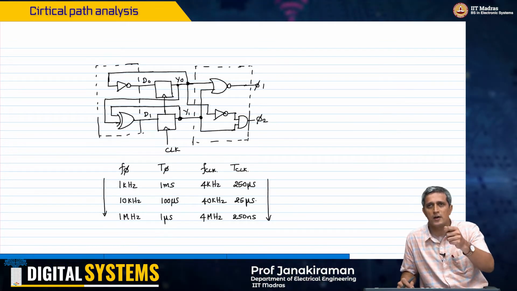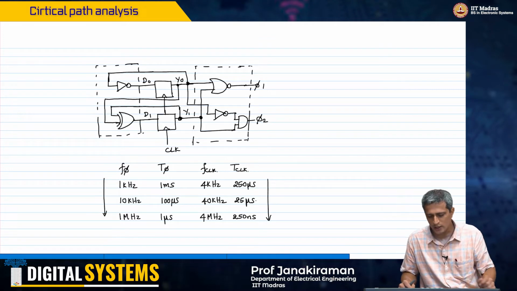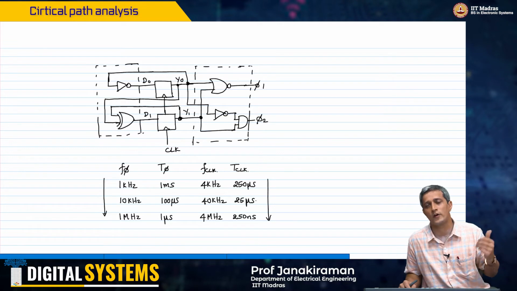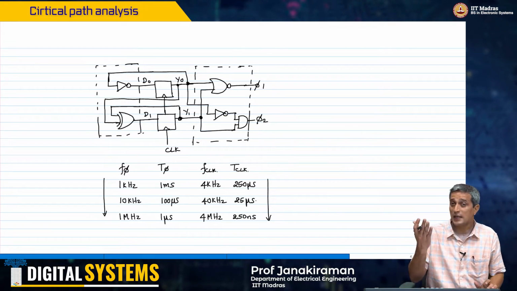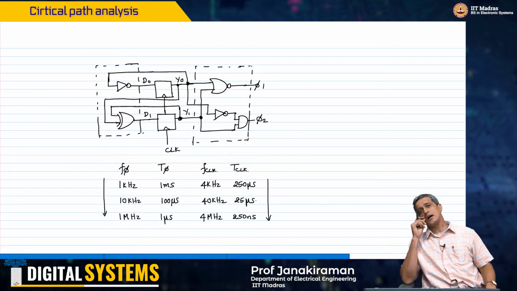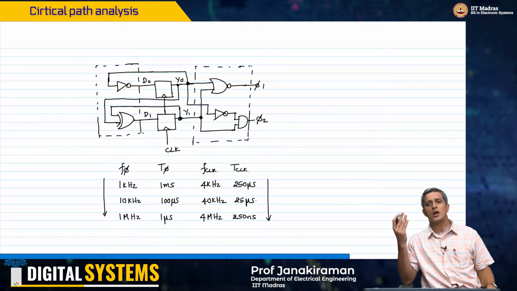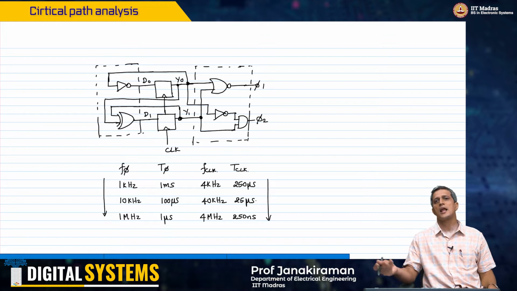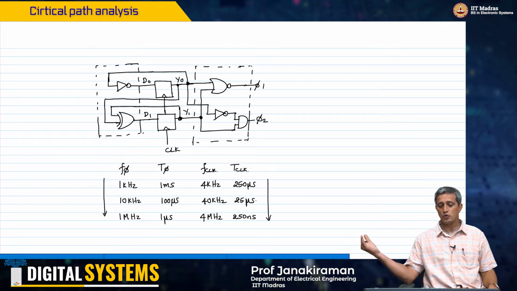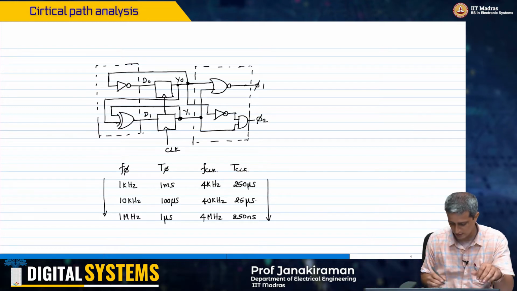If I asked for phi 1 and phi 2 at 10 kilohertz, then you will say give me a clock with 40 kilohertz. Likewise, if I continue this argument to 1 megahertz, you would say give me a clock of 4 megahertz and I'll give you phi 1 and phi 2 at 1 megahertz.